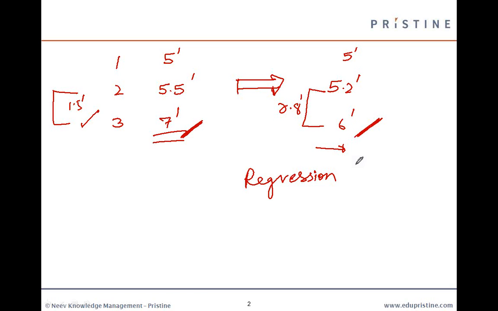So this is a phenomenon that he termed regression. He said that as we go ahead in time, from one generation to another, the uniqueness is decreasing. But he found out that there is definitely a relationship between the height of the father and the height of the son.